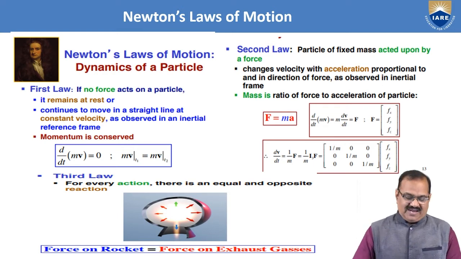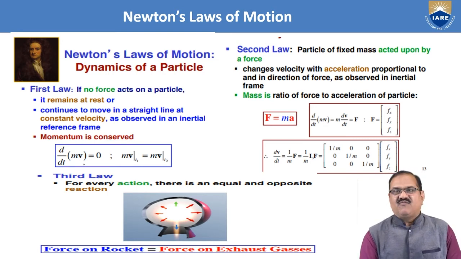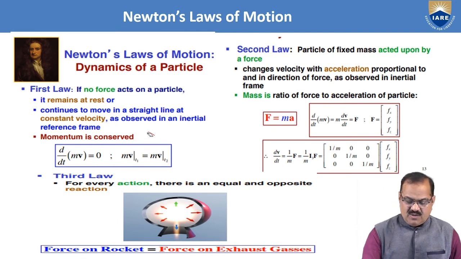So we can write that momentum is conserved. The first law is what? It is the conservation of momentum. So d by dt of mv is equal to 0, or mv at t1 is equal to mv at t2. So the first law is the conservation of momentum.